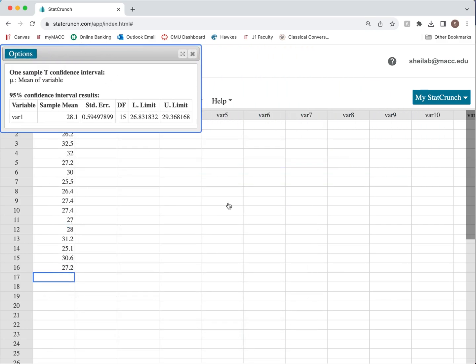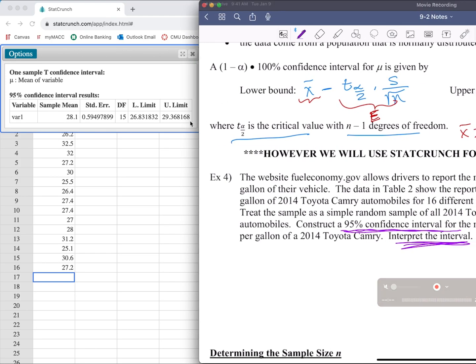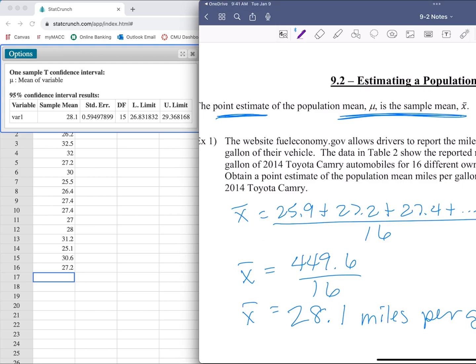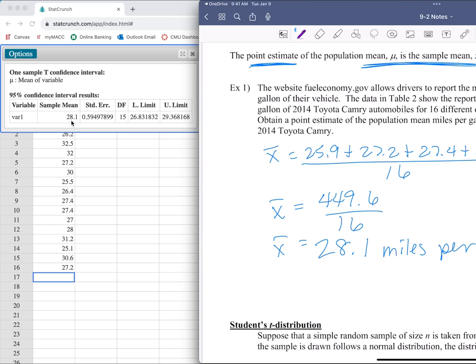All right. Now, I just want to point something out to you. Let me pull this back over here so you can see what's going on. There's our confidence interval, right? Our lower limit and our upper limit. Do you see that? We figured out our mean from example 1, but look at what our sample mean is. Do we agree? Yes.